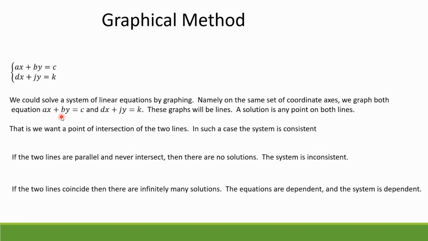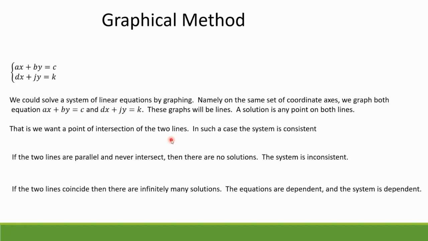What we want then is points of intersection. That's what the solutions are going to be. When we graph these, where the graphs intersect, that's a solution. And if there is a point of intersection, then the system is consistent.